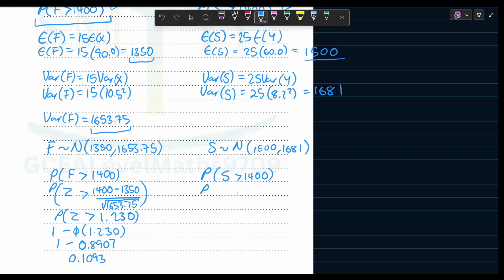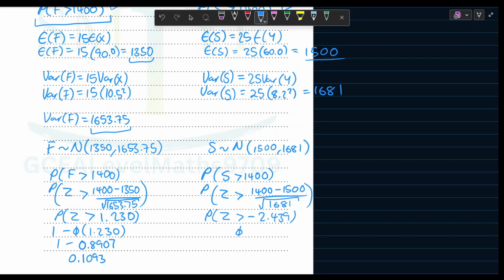So if we standardize, that's the probability that Z is greater than 1400 minus 1500 divided by the square root of 1681. Let's punch that into the calculator, and this gives us negative 2.439.